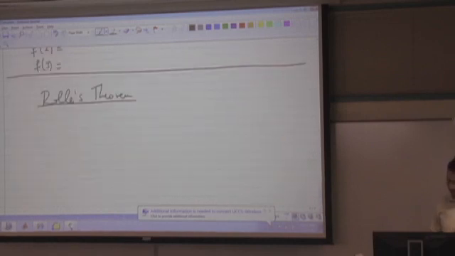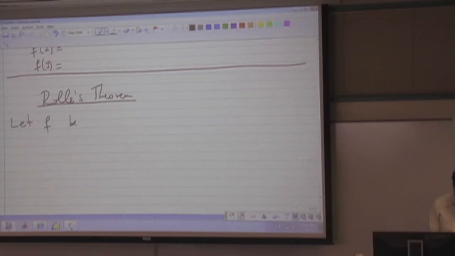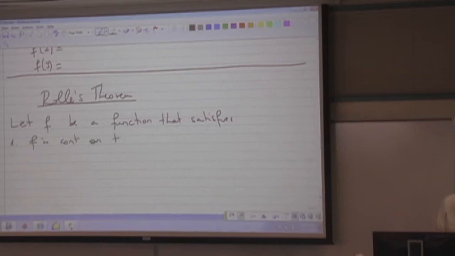Rolle's theorem says the following. Let f be a function that satisfies part 1, f is continuous on the closed interval AB.